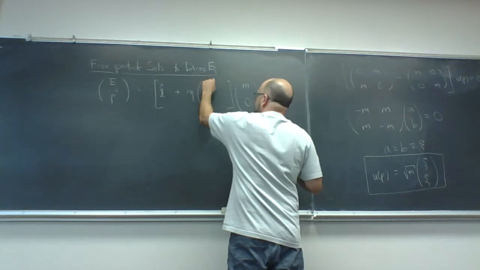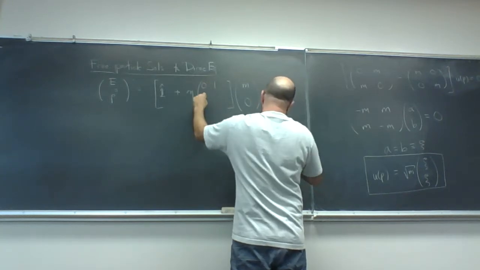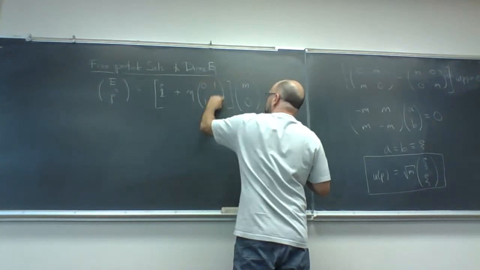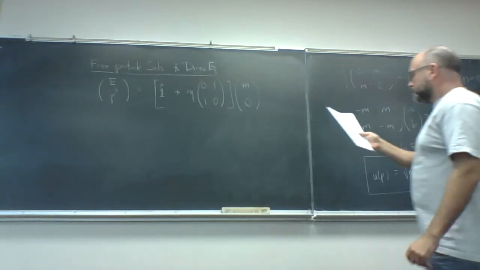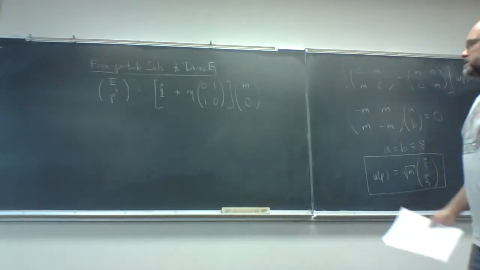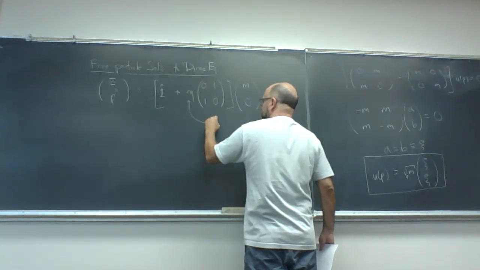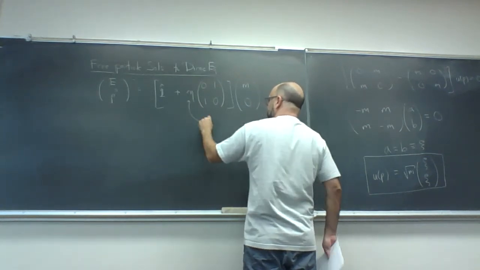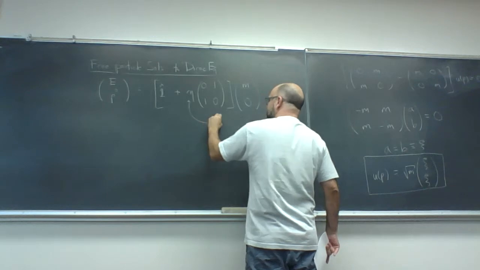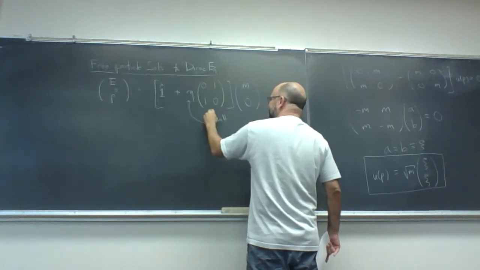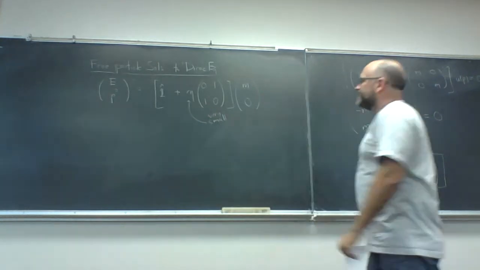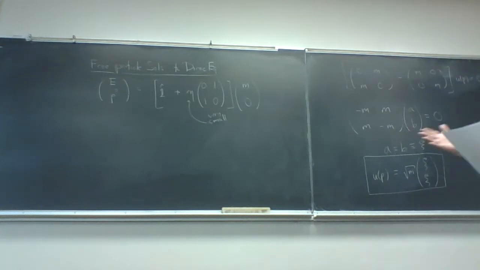And then a boost along the z direction, the generator matrix looks like this. This is a small parameter, so there's no way I'll be able to spell infinitesimal, so I'll just say small parameter. So this is what we would have for an infinitesimal boost along the z direction.